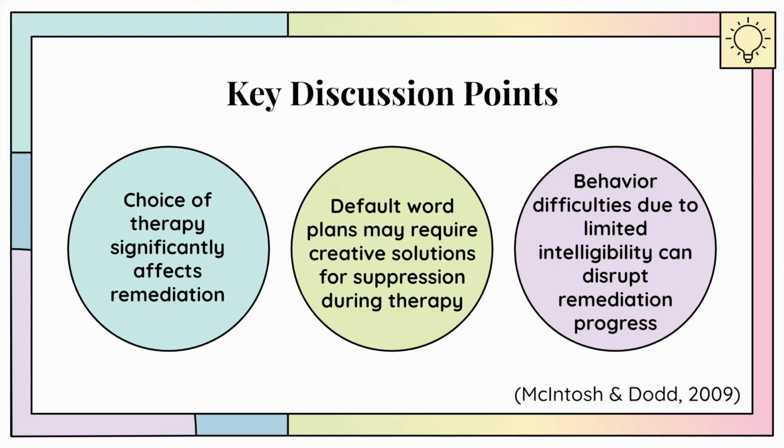Core vocabulary intervention really relies heavily on the idea of drilling target words to ensure consistency and success, and Cameron's frequent refusal notably inhibited his progress towards remediation. Overall, there's a clear link between both low intelligibility and behavior problems, as well as a link between behavior problems and disruptions to remediation.